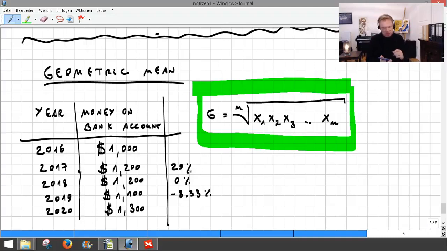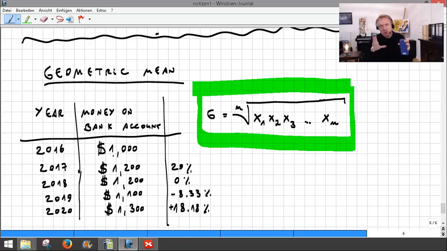And from 2019 to 2020, it's 13 divided by 11, an increase of 18 and so on percent. The increase is denoted by the plus sign, whereas a decrease is denoted by the minus sign, of course.